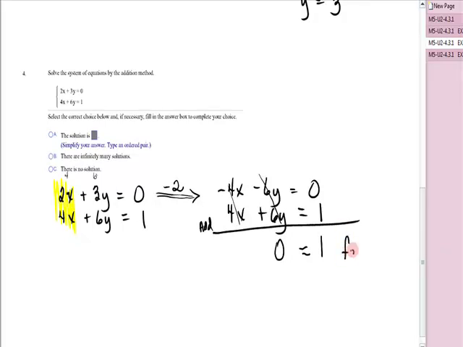This is a false statement, meaning that these two lines share a point whenever 0 is equal to 1. Well, 0 is never equal to 1, so these two lines never share a point. There's no solution. I know that you couldn't tell this, but it does turn out these two were parallel lines.